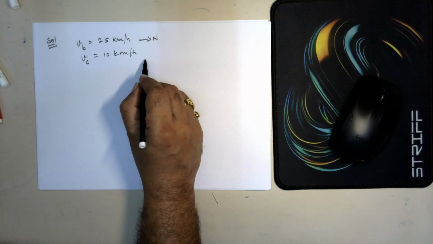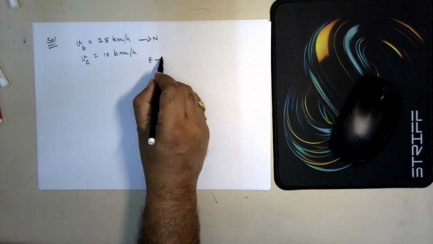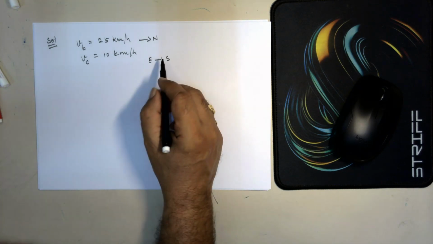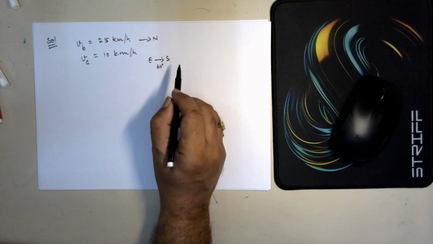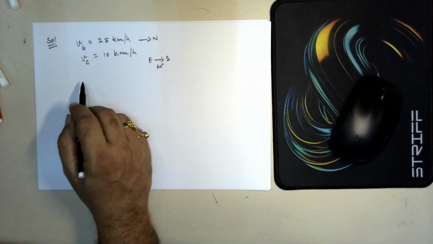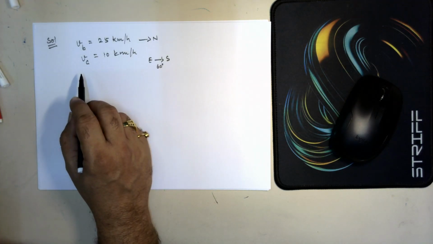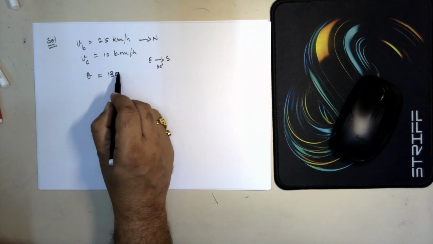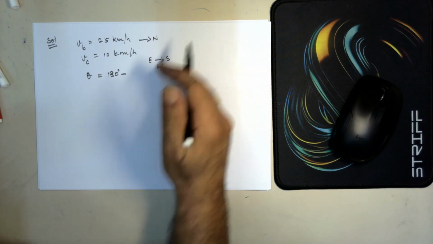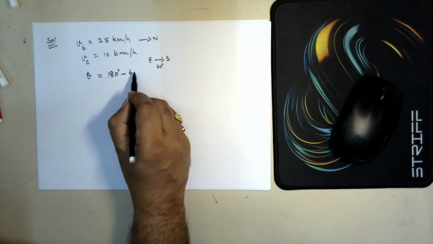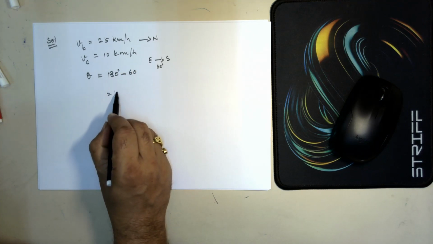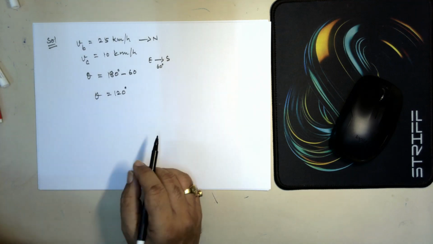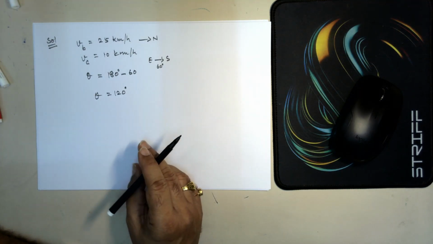This is towards east to south, 60 degree. So this is 180, you have to subtract this 60. So theta is 180 minus 60 degree, so it means 120 degree. So theta is equal to 120 degree.